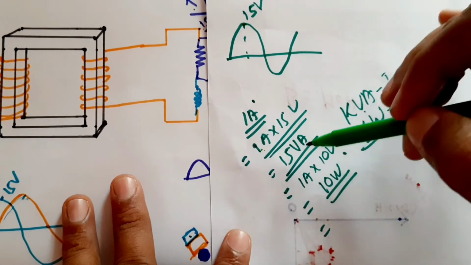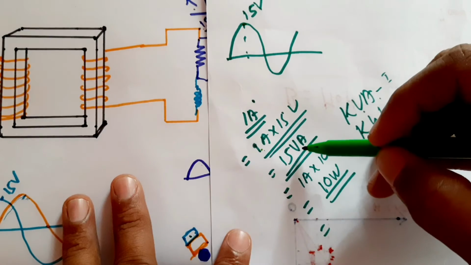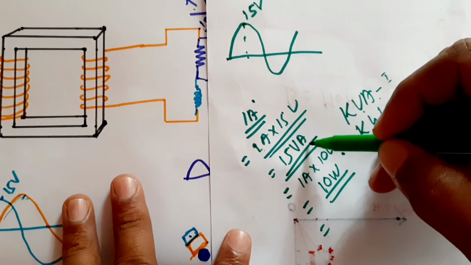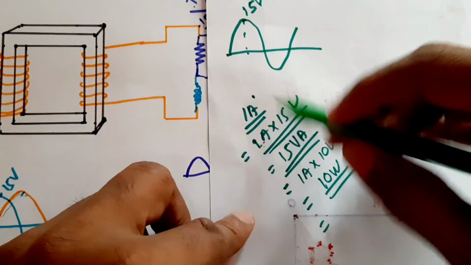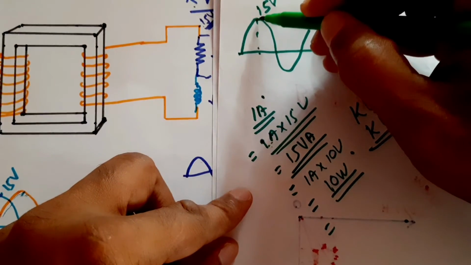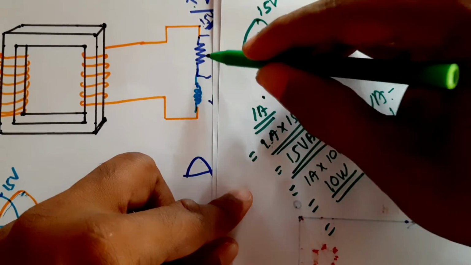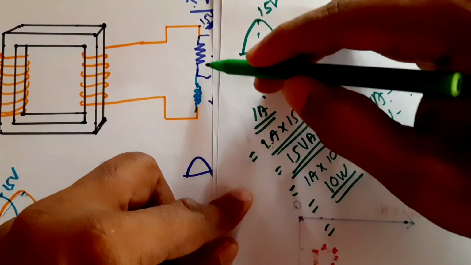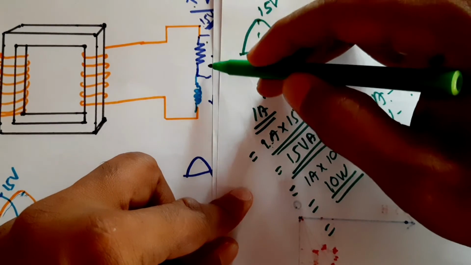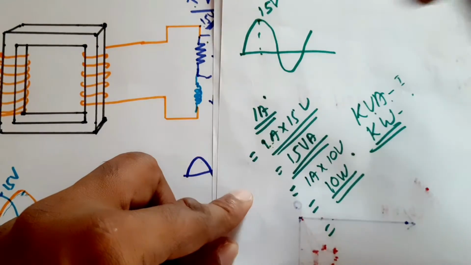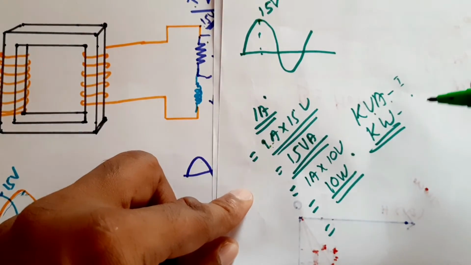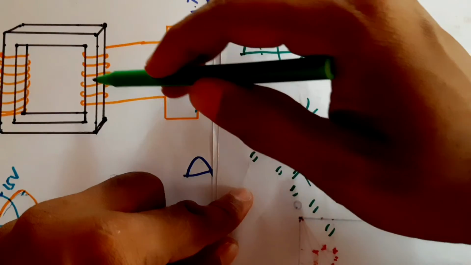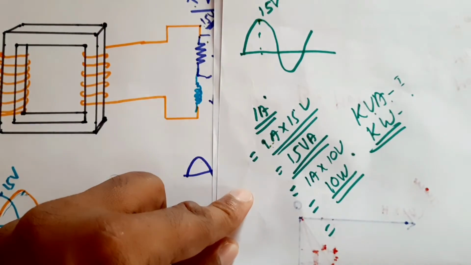That means the transformer is rated on the basis of VA. It has to supply this much energy. The total energy supplied is 15 volt into 1 ampere. Out of it, only 1 ampere into 10 volt is used as dissipative power, which is the power dissipated by the bulb as light. But the transformer has to supply this much power to the load.